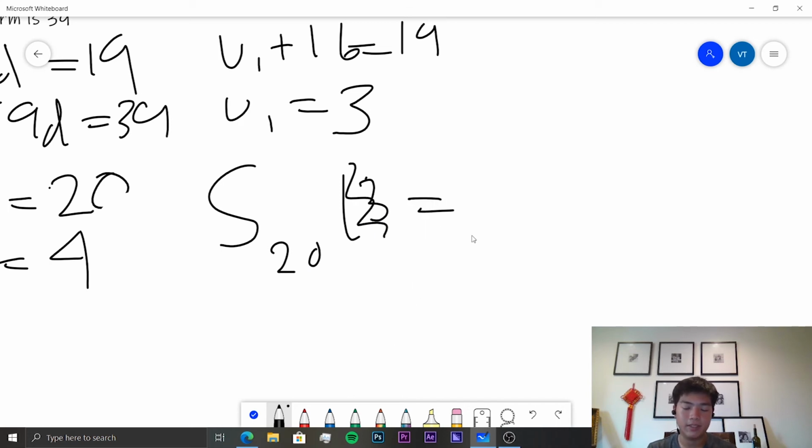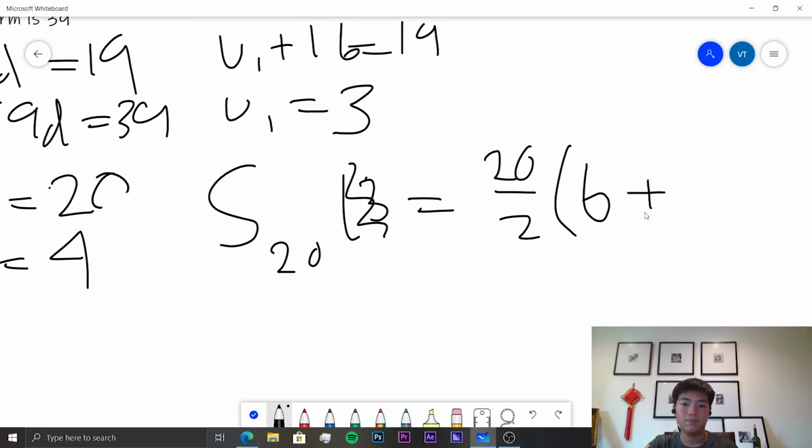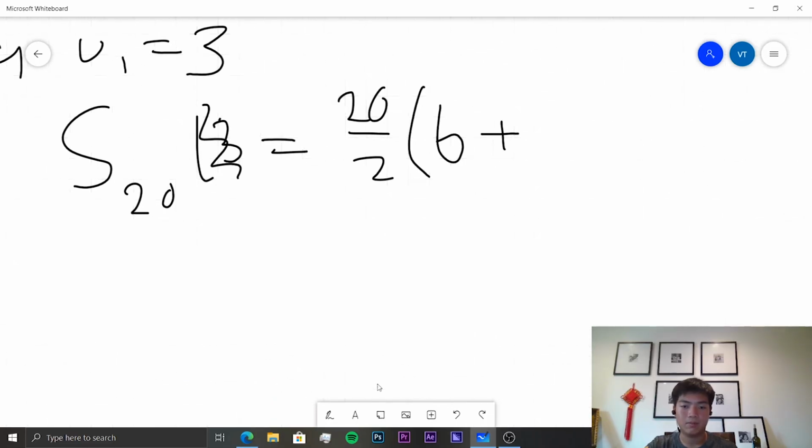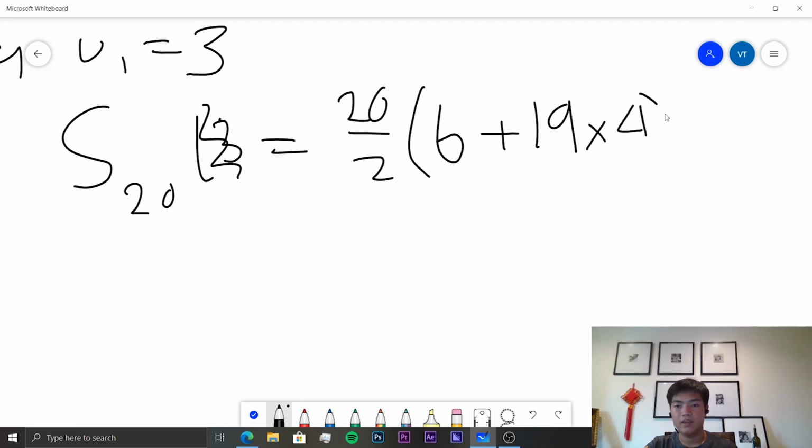The sum of the first 20 terms will be 20 over 2 for starters, times the first term is 3, so that would be 6 because we have to multiply it by 2, plus the common difference is 4, so it would be 19 times 4. And so this would be simply 10 times 6 plus 19 times 4.